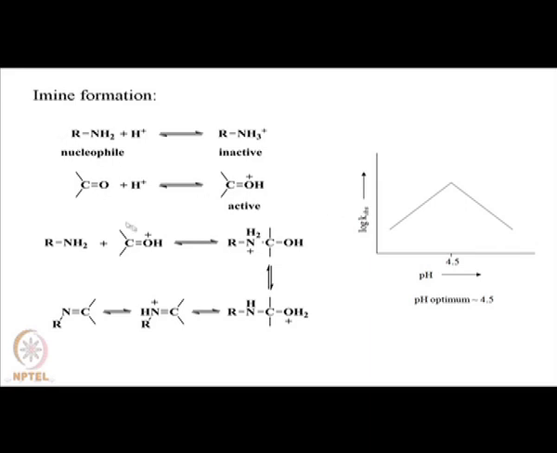What happens is that in the presence of an acid, that is in the presence of H plus, the amine forms RNH3 plus. So it is inactive, although it is a nucleophile. But in the presence of H plus, the carbonyl gets protonated and is further activated, and then RNH2 attacks this one to produce this one.